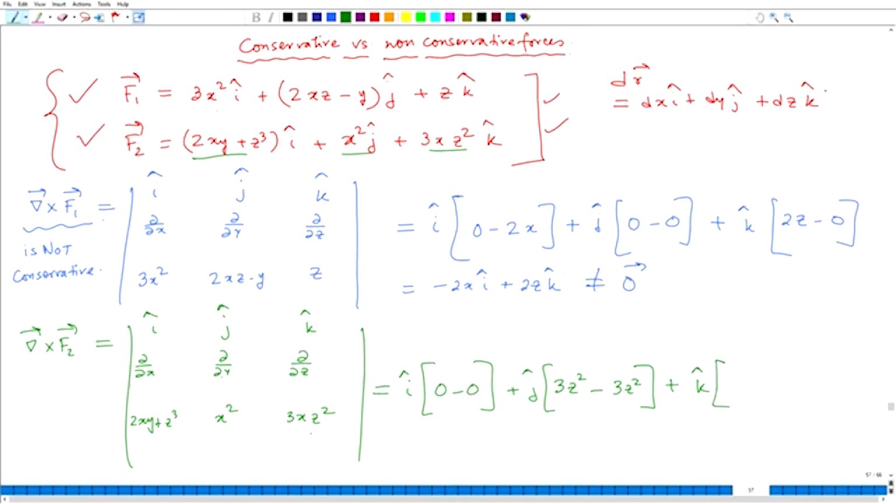You now have del del x of x square, which is 2x, minus del del y of 2xy plus z cube, which is also 2x. So, it will be 2x minus 2x, and finally, you have a null vector. So, this one is conservative.